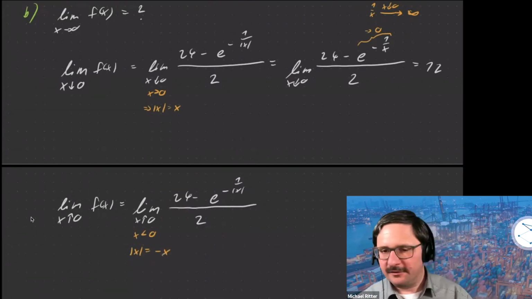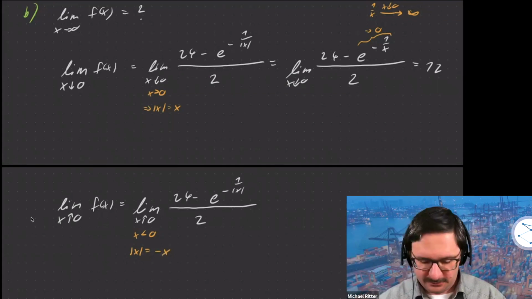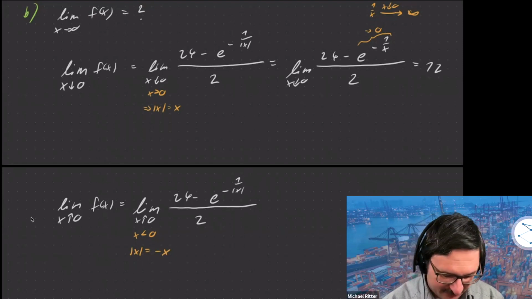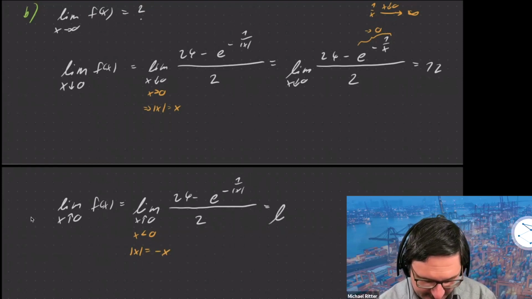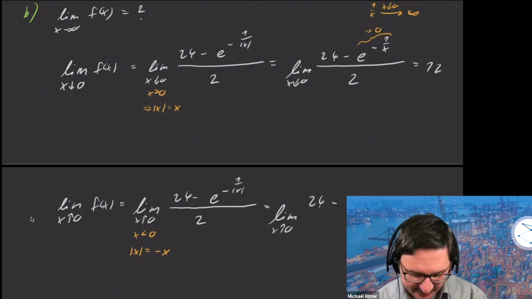For example, the absolute value of minus 2 is minus times minus 2, which is 2. So we add this minus, and we get minus x as the absolute value. And that means, similar to what we did before, we can now replace that absolute value by, in this case, minus x.